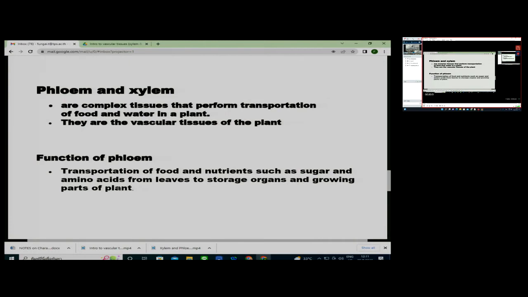Photosynthesis happens in the leaves, and the food made in the leaves has to be moved to different cells of the plant for it to keep on surviving, for the supply of the required nutrients for the growth of the cells.